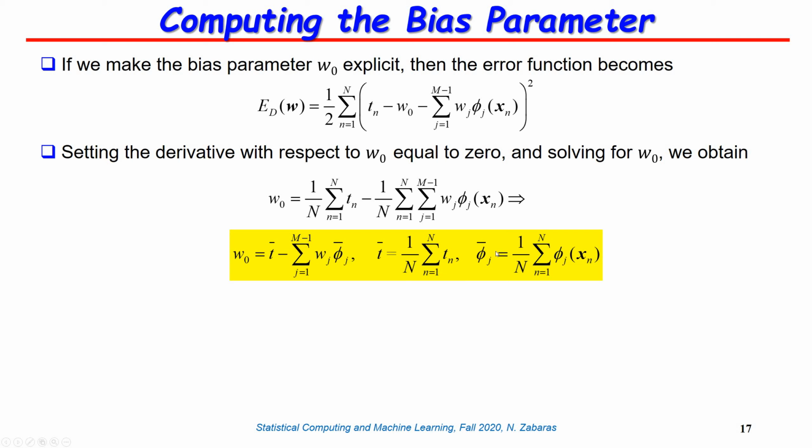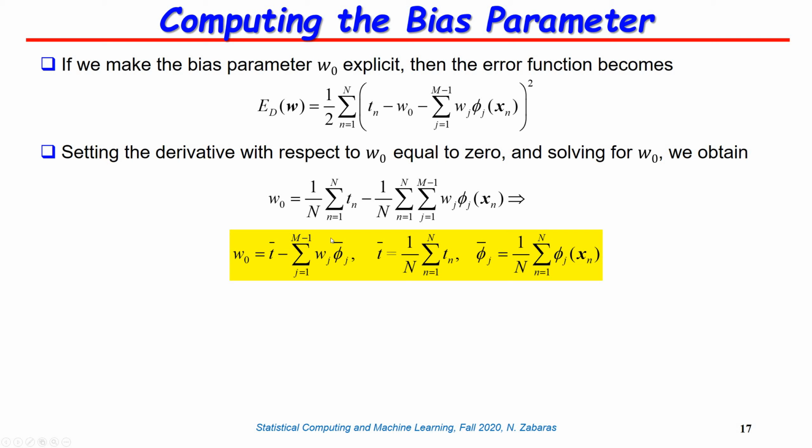And then you notice here you have phi j bar that involves the average of phi j evaluated at all of your training data. Okay? So effectively, this is the discrepancy between the average target value and what the regression model tells you using the averages of the basis functions over all the training data.